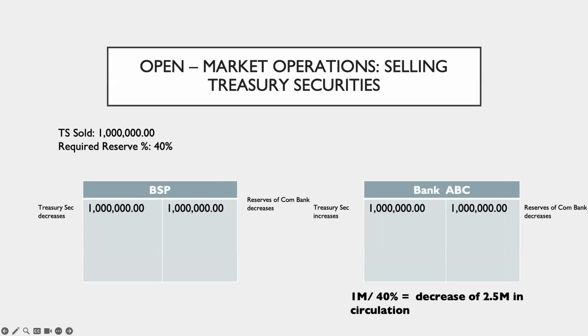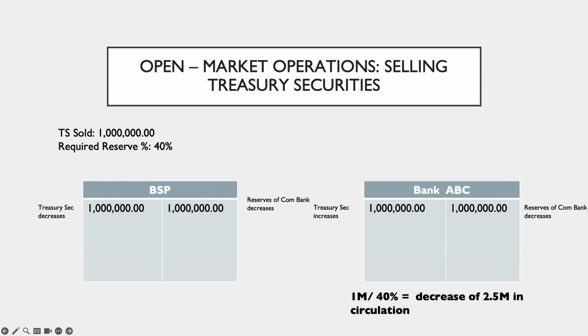So when it comes to selling treasury securities, here is what's going to happen. Once the Bangko Sentral lets go of the treasury securities, its asset decreases because it let go of the treasury securities that it used to have.